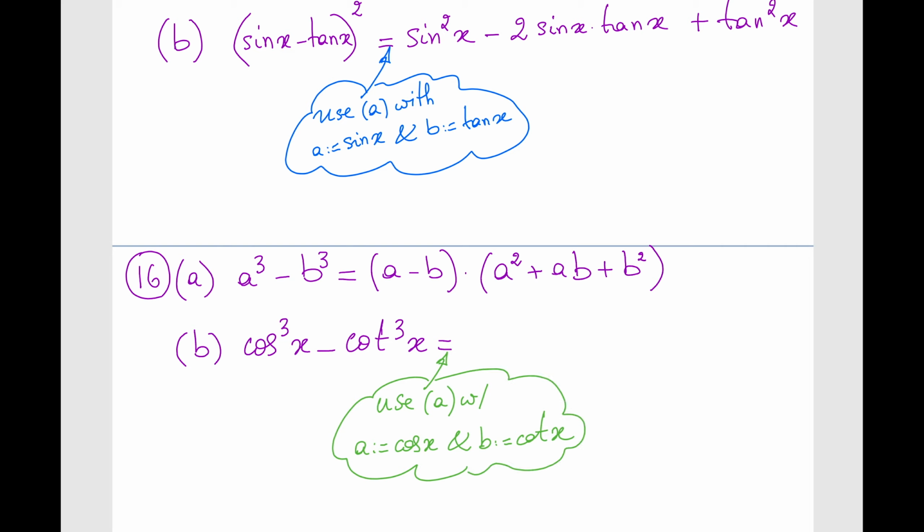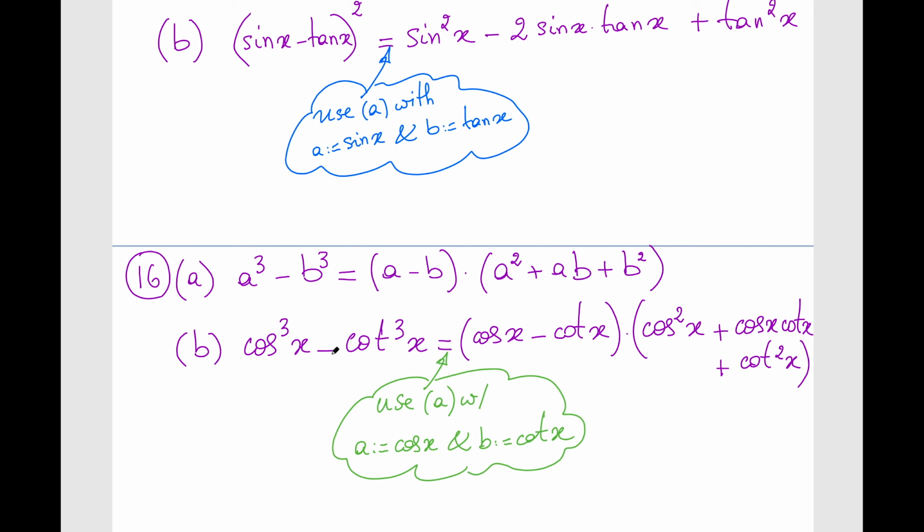And as such we obtain the difference between A and B, so you get cosine x minus cotangent of x times a squared, and a squared is cosine squared, plus ab, the middle term, and ab is cosine x times cotangent of x, plus b squared, and b squared is cotangent squared, correct? And if you multiply these out, you get exactly the original.